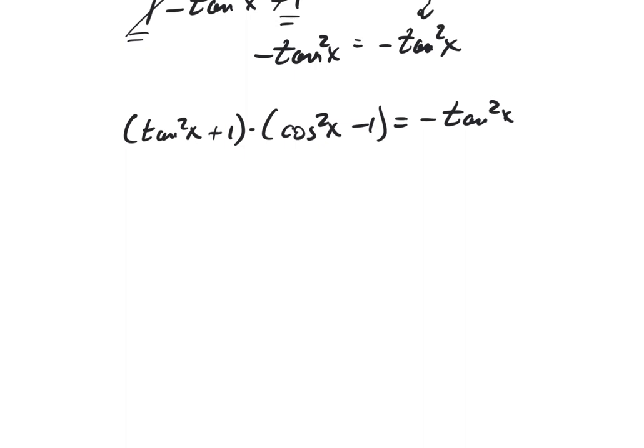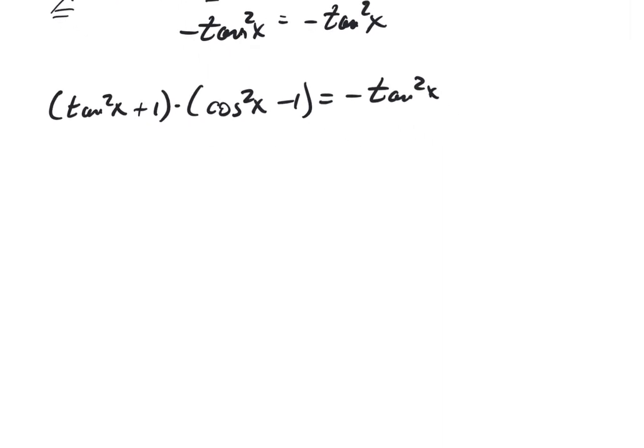Another option on this one was to use the Pythagorean identities. Okay? And I'll just make a little room off to the side. Our first Pythagorean identity was that sine squared plus cosine squared was equal to 1.